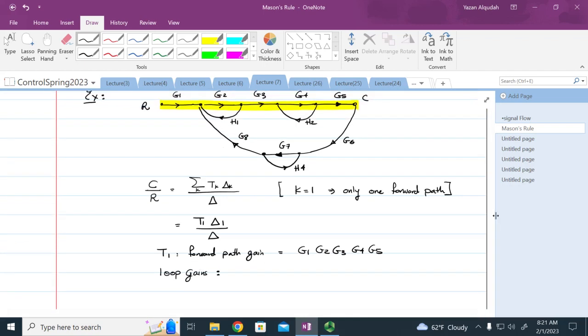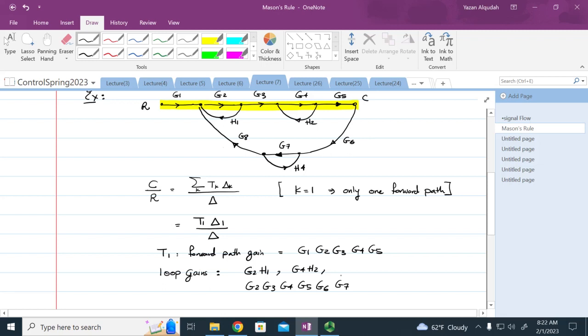What are all the loops in this diagram, in this signal flow? G2H1, G4H2, and you have G2, G3, G4, G5, G6, and G7H4.